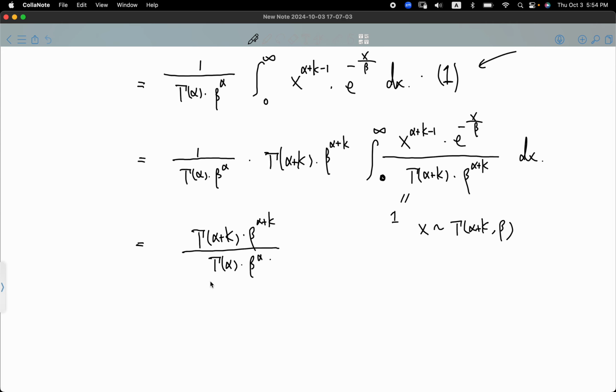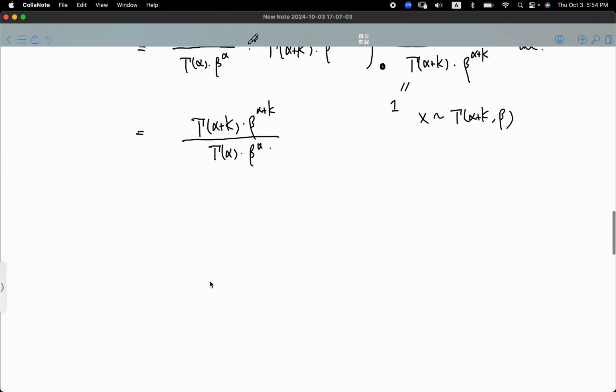Now we can further simplify this expression. Maybe first talk about the beta. On the numerator, we have beta raised to the power of alpha plus k, and in the denominator, we have beta raised to the power of alpha. So what is left is just a copy of beta raised to the power of k. That is the beta part.